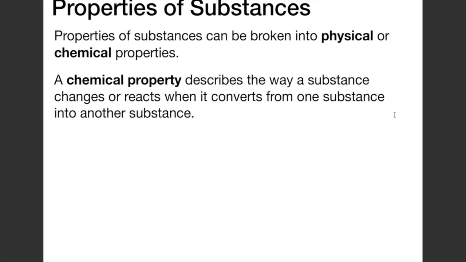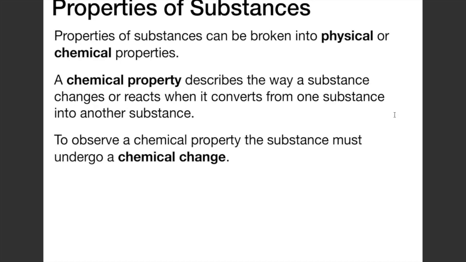A chemical property describes the way a substance changes or reacts when it is converted from one substance into another substance. In order to observe a chemical property, you have to subject that substance to a chemical change.